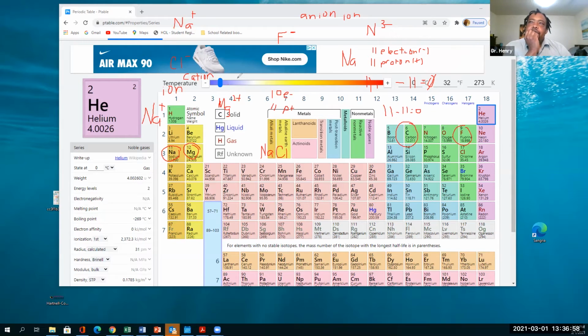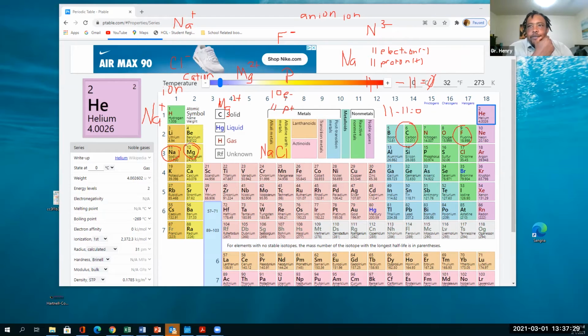Okay, so let's see. If I have magnesium and, let's do phosphorus. So what is going to be the charge on the magnesium? It forms +2, right?